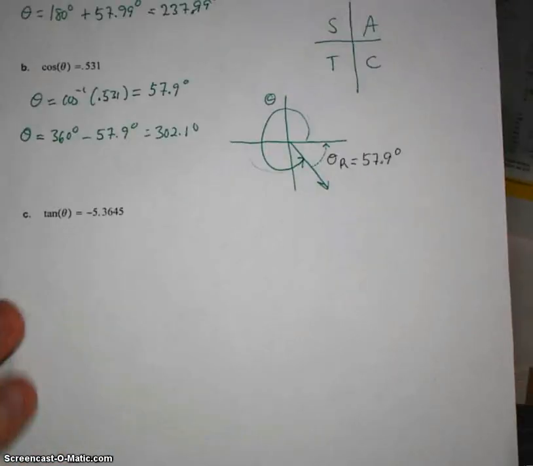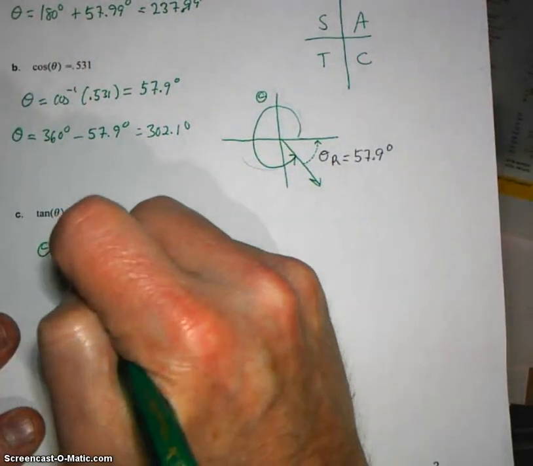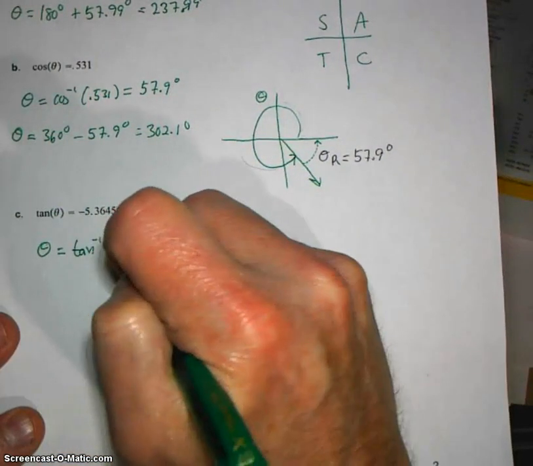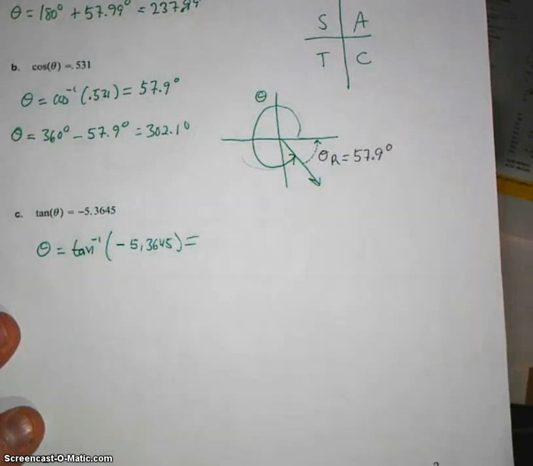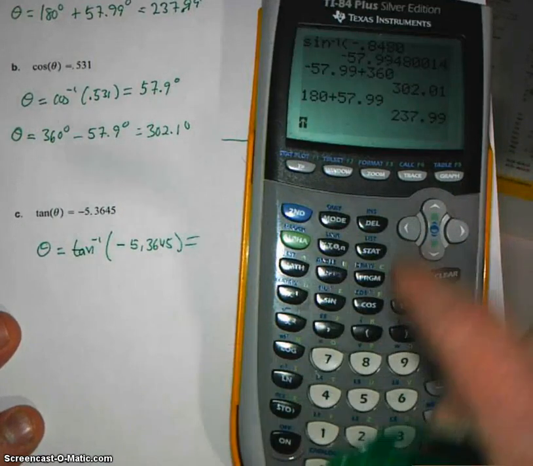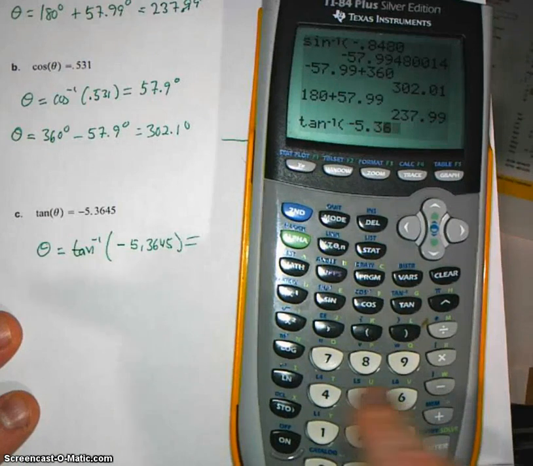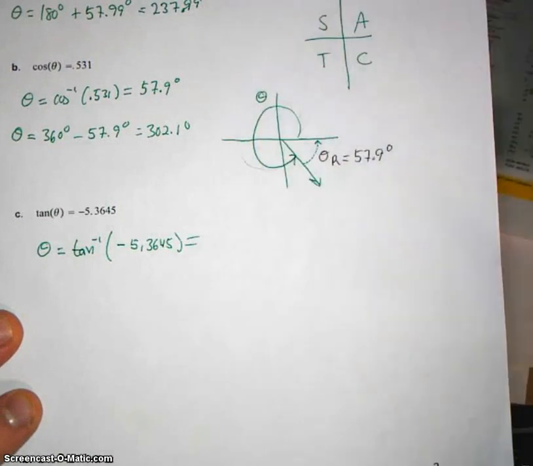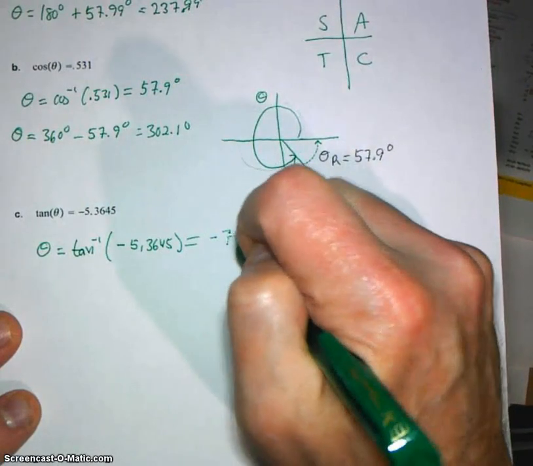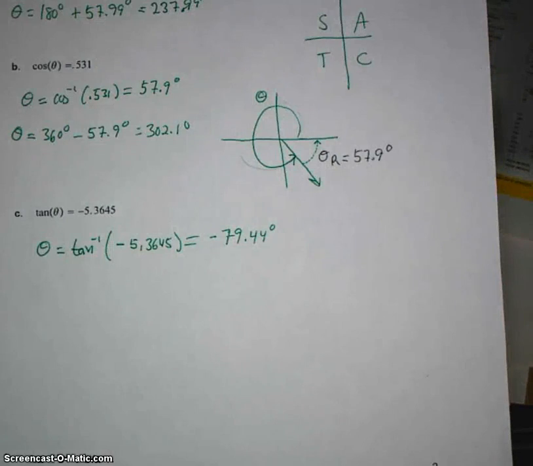All right, let's do this last one. So theta would be tan inverse of negative 5.3645. We're going to call that negative 79.44 degrees. And you can see once again it gave us a negative angle.